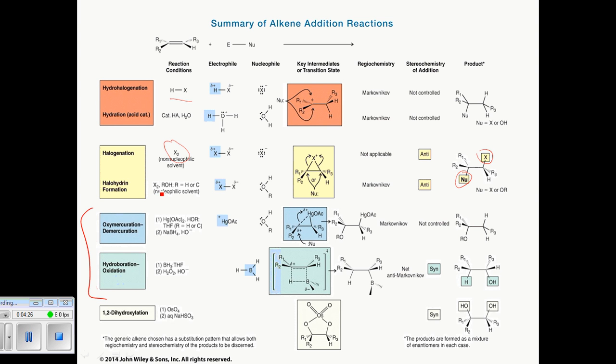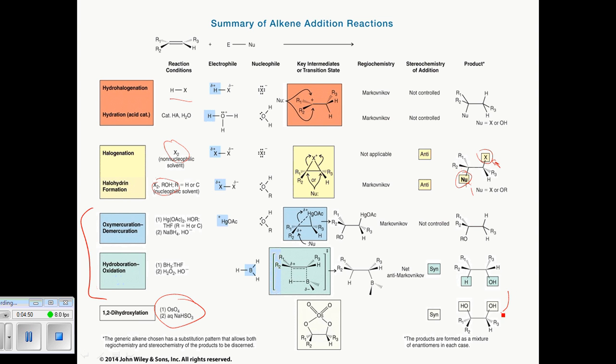You can also do that with a halogen and an alcohol or water, where you add the halogen on one side and the alcohol or water on the other side. We talked about oxymercuration, demercuration, and then there's the dihydroxylation. So in this case, we're using the osmium tetraoxide reagent set.